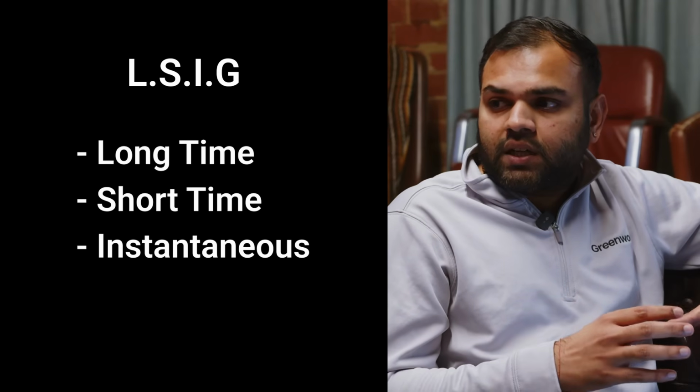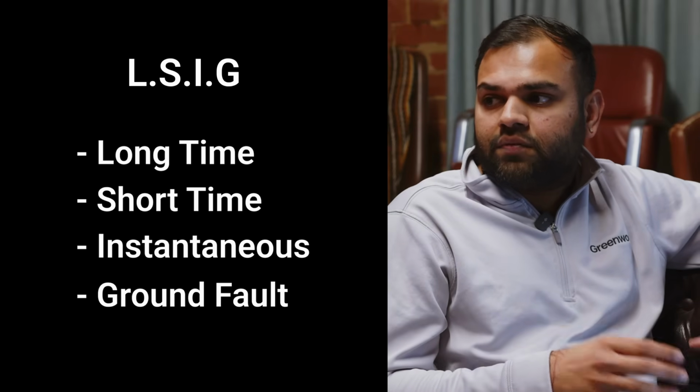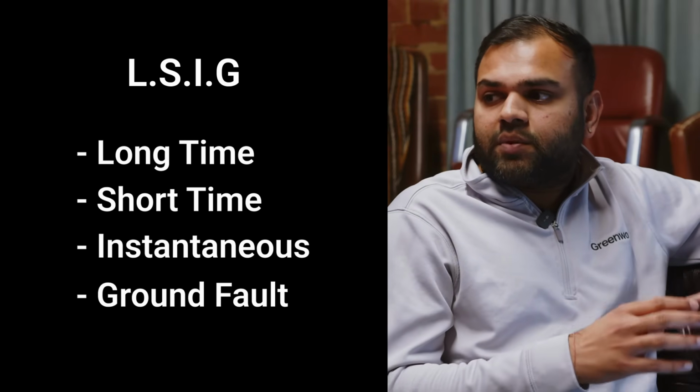The circuit breaker will allow the higher current to pass through for a short period of time, and then I is instantaneous. If the circuit breaker thinks that the current is going over its limit, it will trip instantaneously. And G is ground fault. If a ground fault occurs, the circuit breaker will manage it.